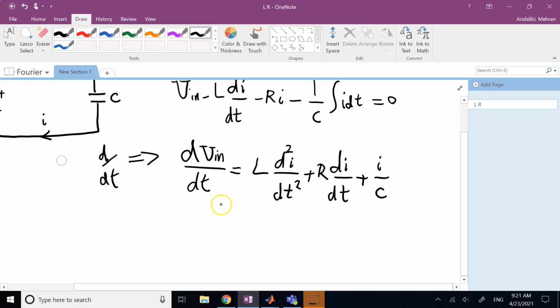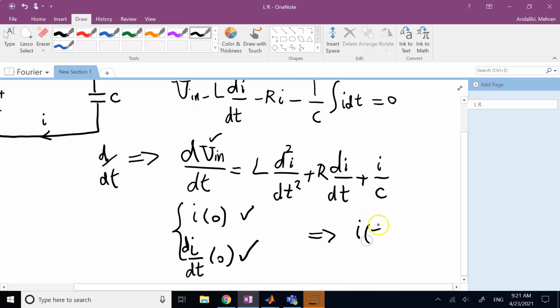So let's say here I give you V in and I give you two initial conditions, like what is I at time 0 and what is the derivative of I at time 0. And my question is, you give me back I as a function of time, correct?